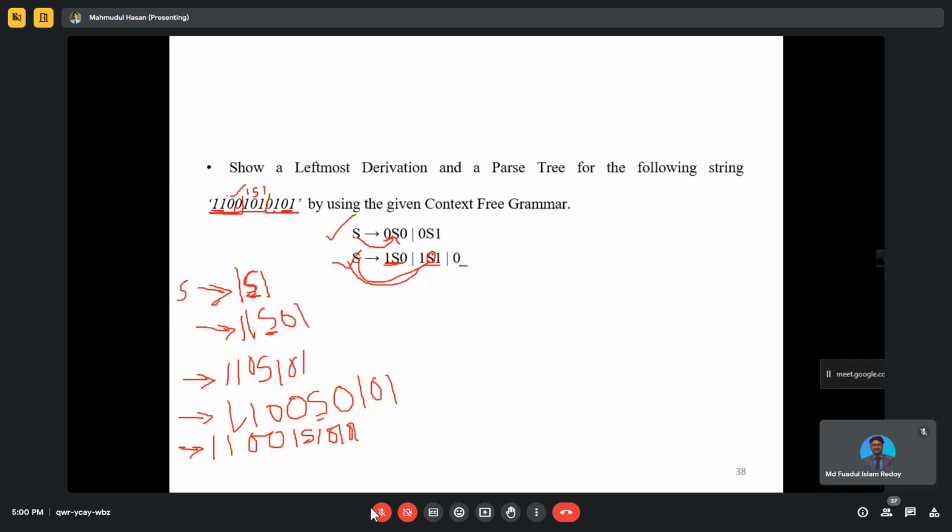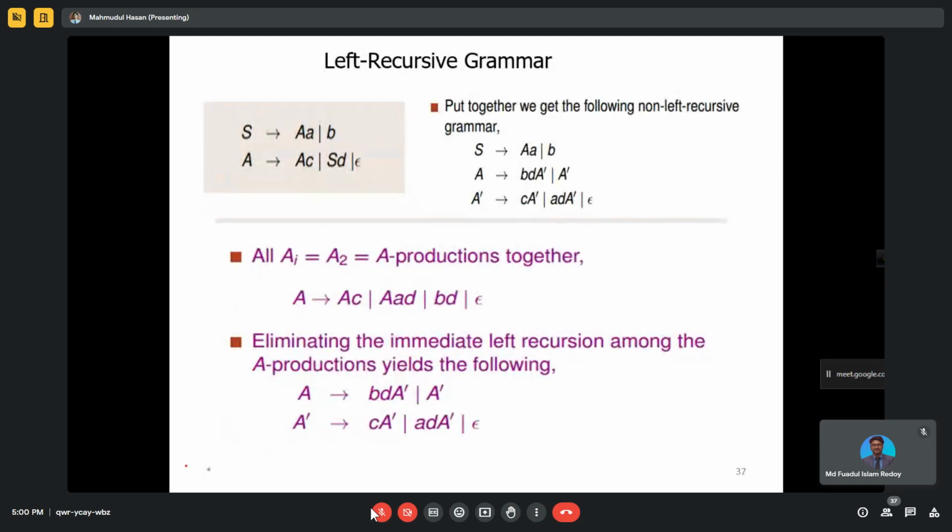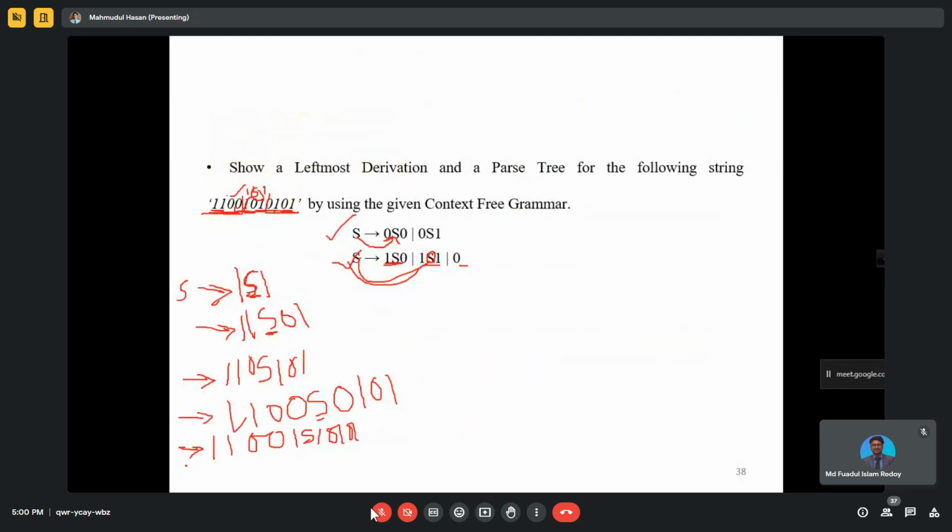So you have this part and this part. You just need to replace this S with 0. That is actually 1 1 0 0 1 0 1 0 1 0 1.